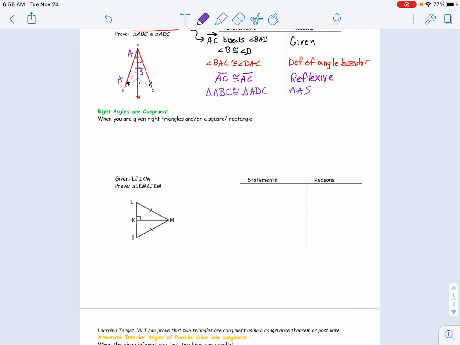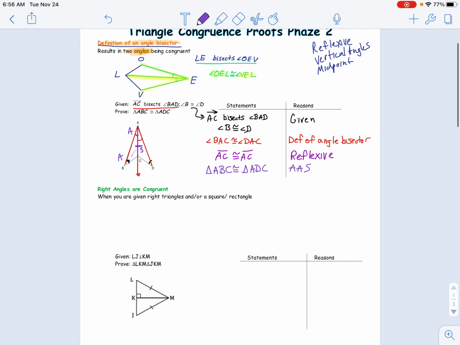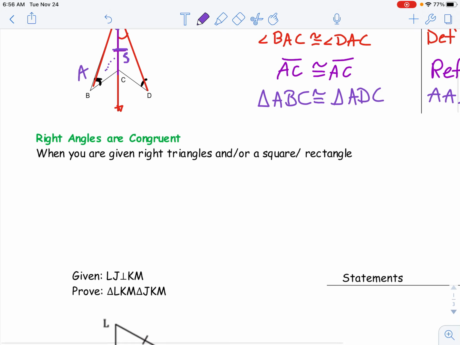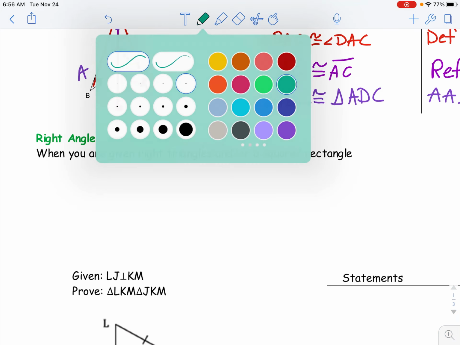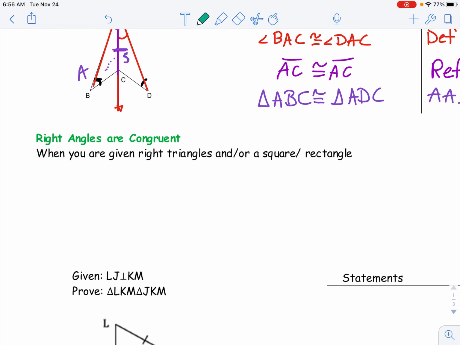All right, so that's angle bisector. Now we got right angles are congruent. Again, you might see this. You might not. Let me think about how I want to draw this picture. Let's draw.